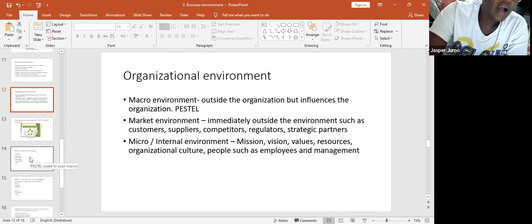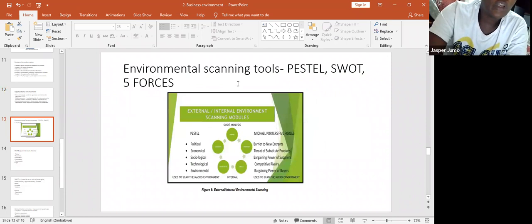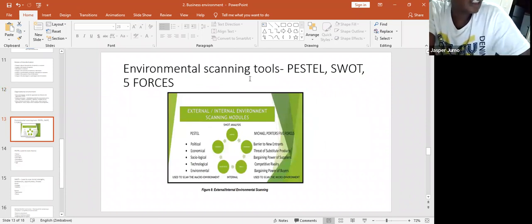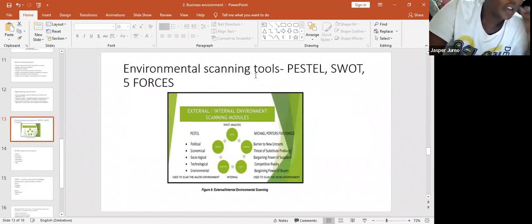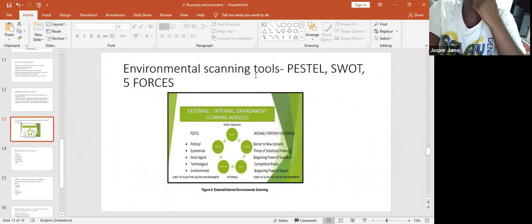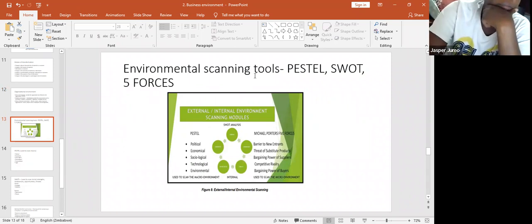Now, when you are looking at these, you do have some strategies that we use to analyze these environments. We have some scanning tools that we use. So we are going to look at three main environmental scanning tools.